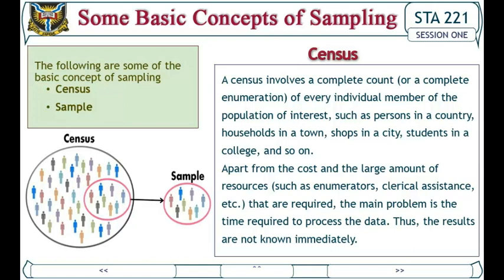Apart from the cost and the large amount of resources, such as enumerators, clerical assistants, etc., that are required, the main problem is the time required to process the data. Thus, the results are not known immediately.